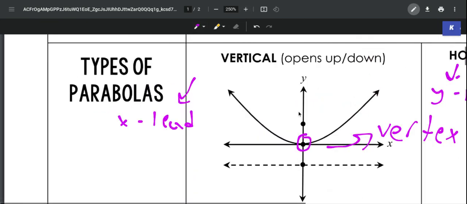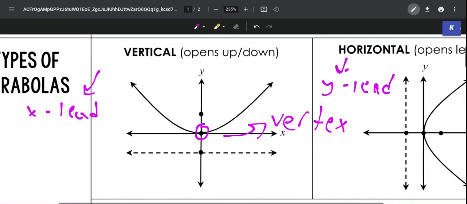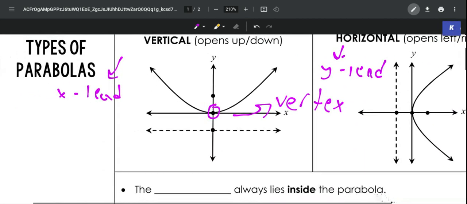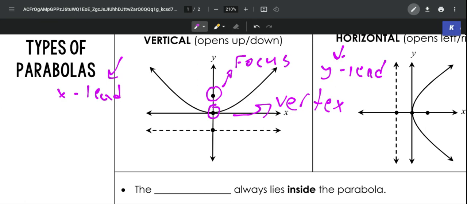And the point that is within the curve, that point there, is our focus. And then this line down here is what we discussed earlier, the directrix.